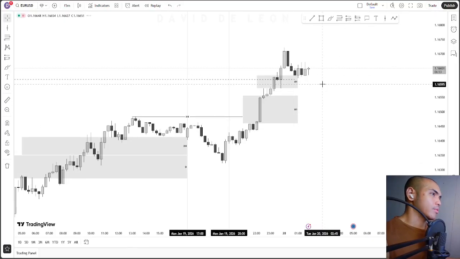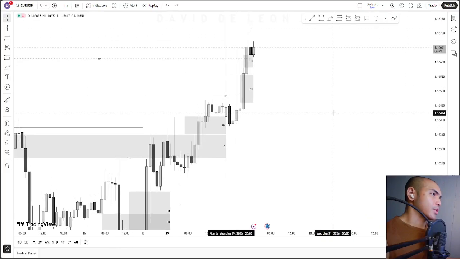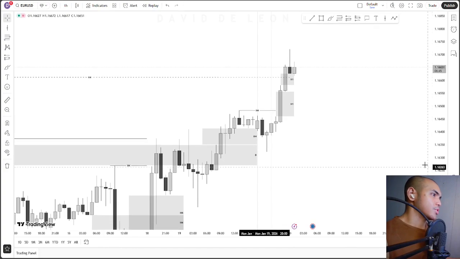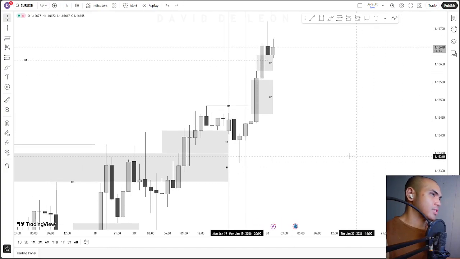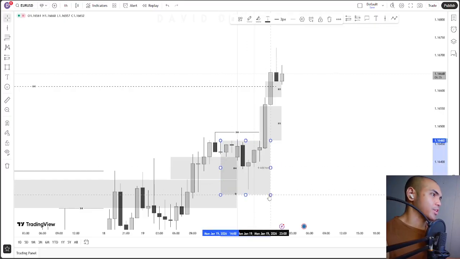So yeah, going down on the M15. Let me just tell you the trade setup that I would have taken if this price action right here happened during the London session.